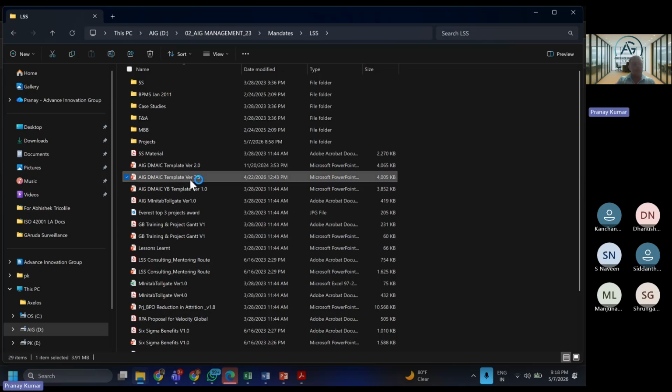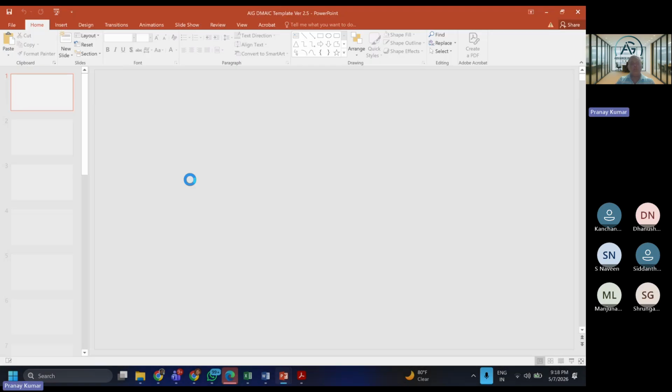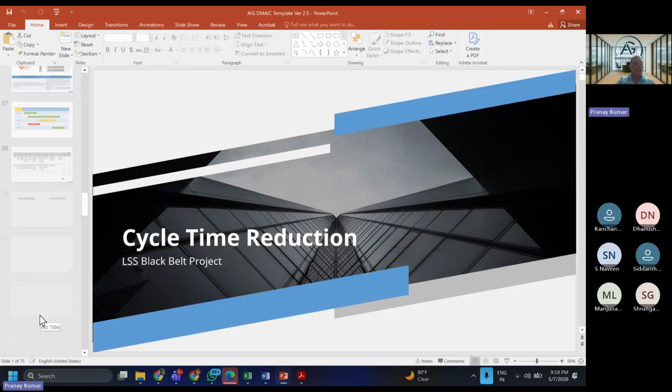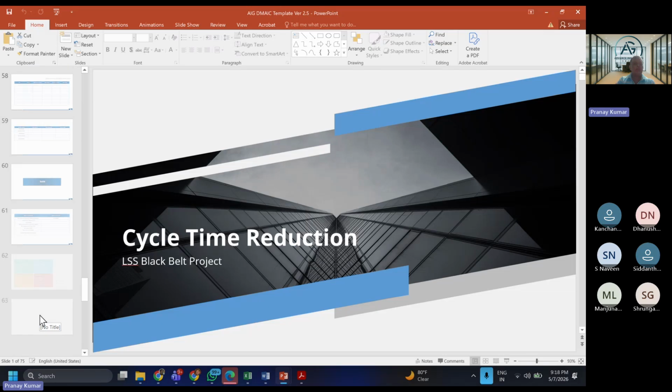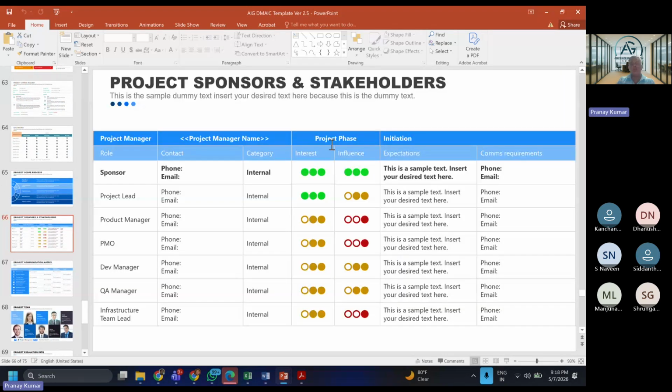Please realize that in real life, when you are doing a project, especially as a consultant, stakeholders play a very important role. People like me, you can see this interest and influence grid here. I am currently doing a very large AI implementation and ISO 9001 implementation in a firm called Sugam.